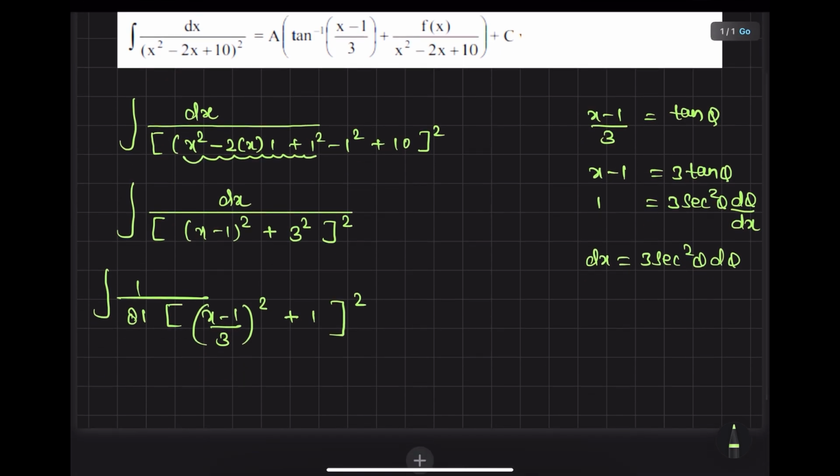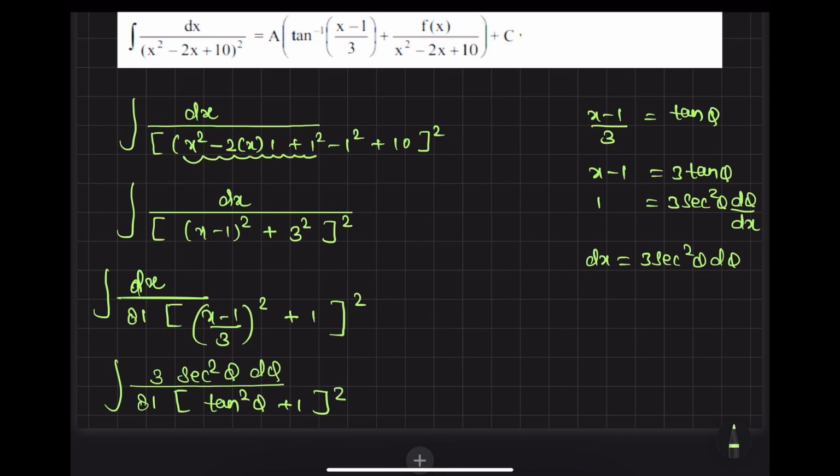Now be super slow. This was dx. Now in place of dx, can I write 3 sec² theta d theta, and then we have 81, and we have (tan² theta plus 1) squared. Tell me.